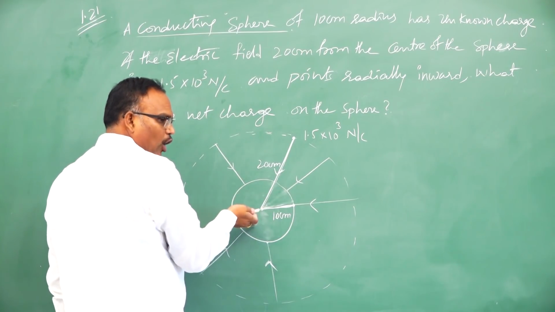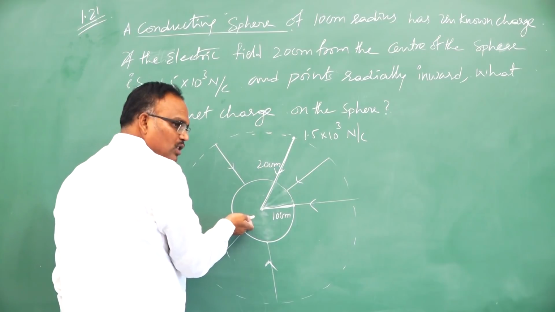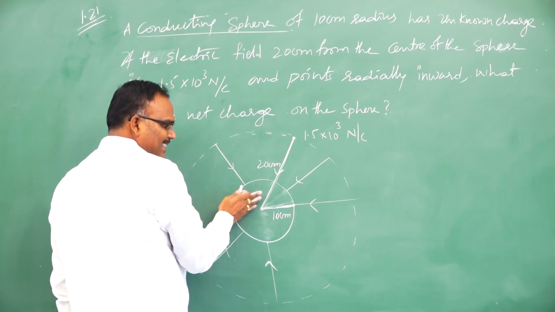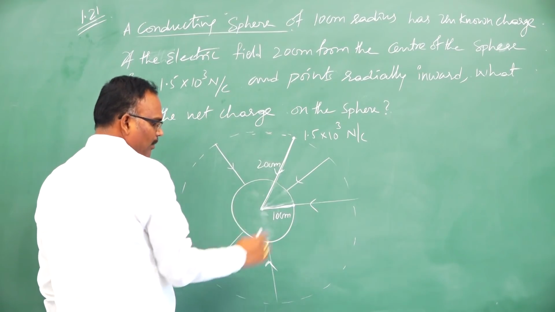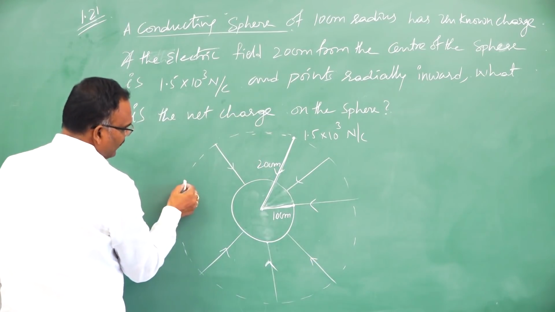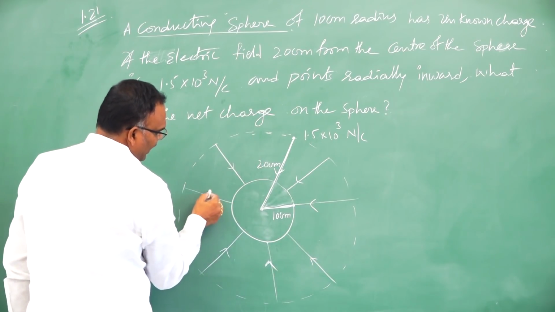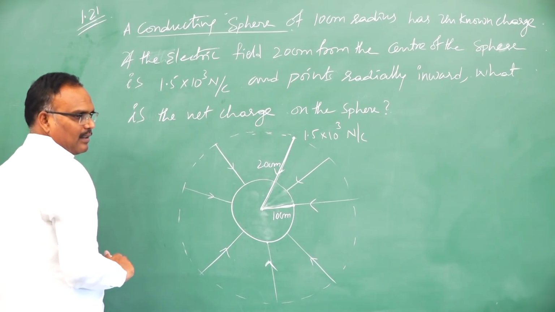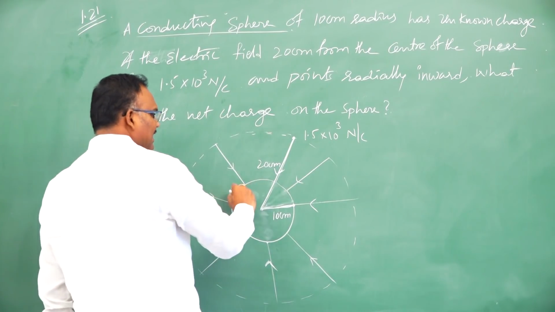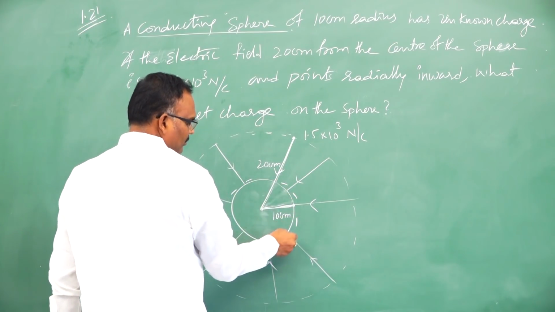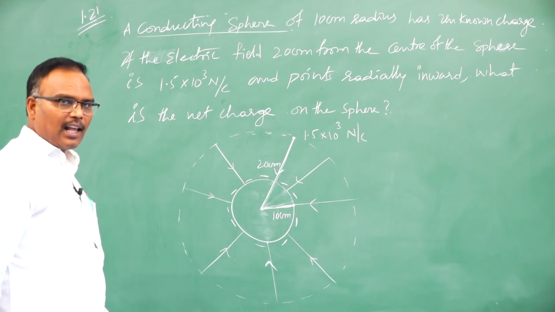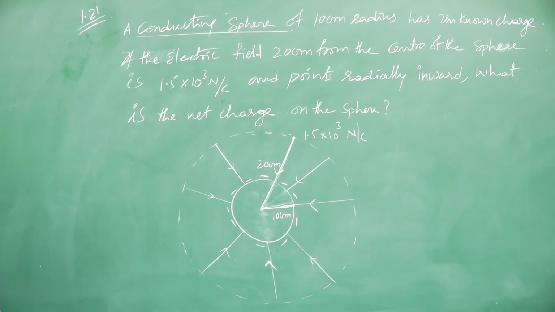This we can call by a technical name, electrostatic shielding. Electric field never exists inside. That you have to remember. For better understanding purpose, here I am showing various field lines which are terminating on the surface. So field is inward, meaning obviously this sphere contains negative charge. How much amount of negative charge is present on this surface we will see now. Okay.